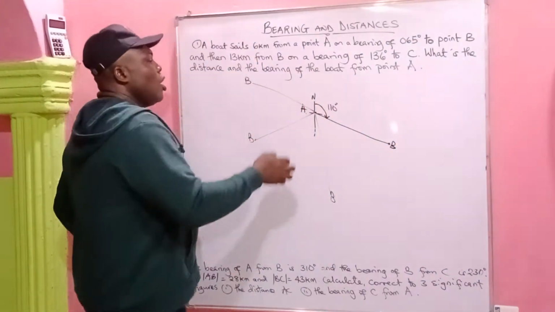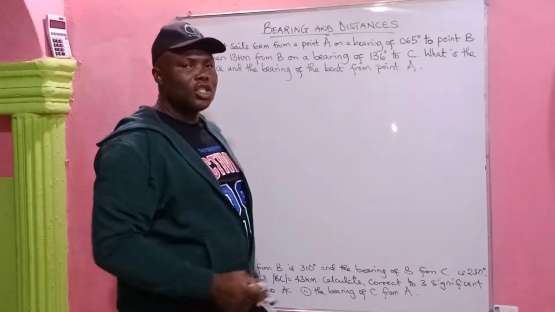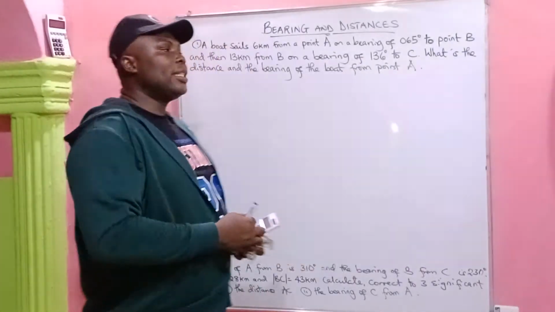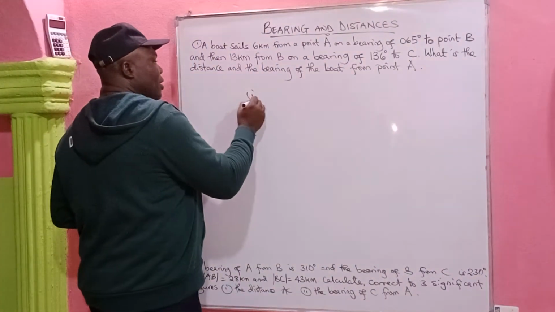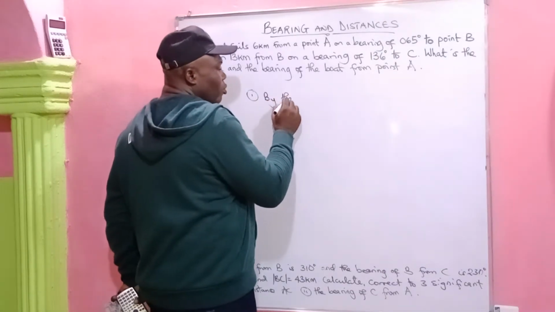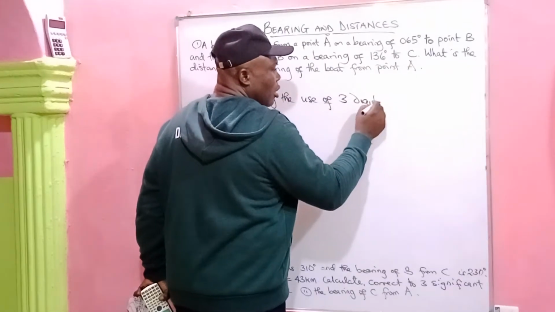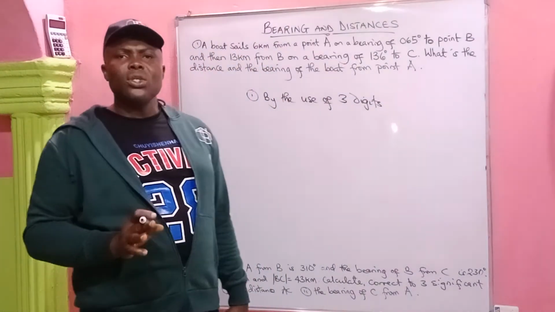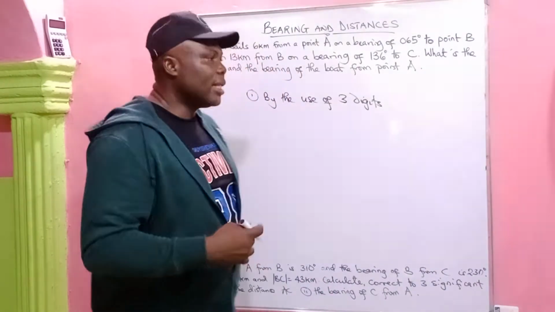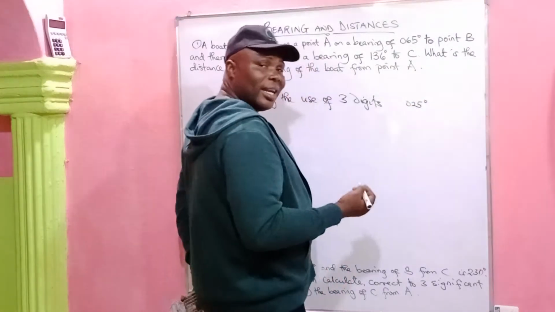Take note of that. Alright, so there are 2 ways bearings are presented. The first way is by the use of 3 digits. The bearings are represented as 3 digits. The 3 digits could be, let's say, 025 degrees, that's 3 digits.